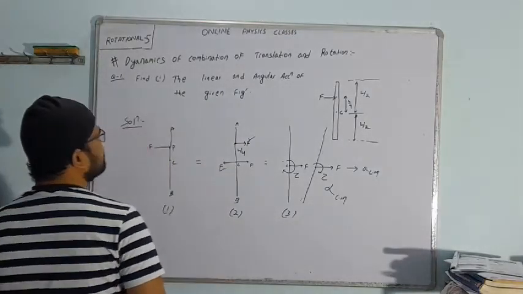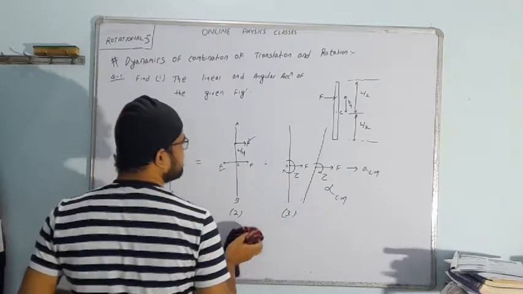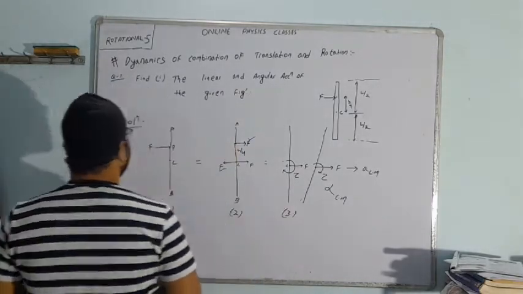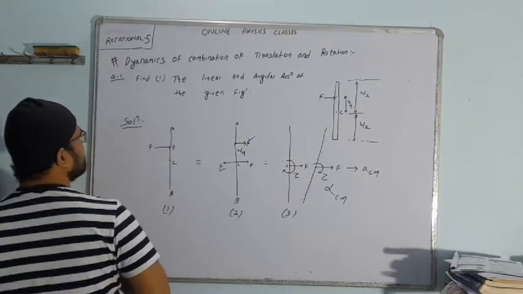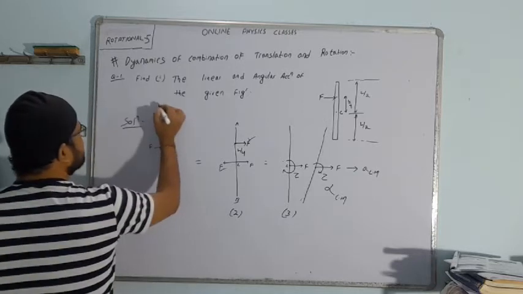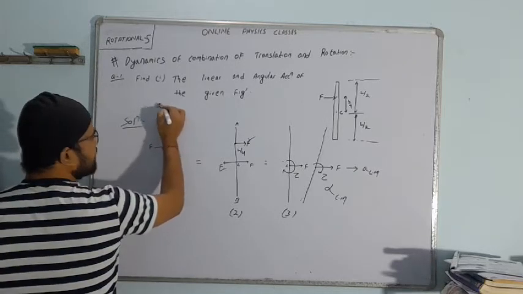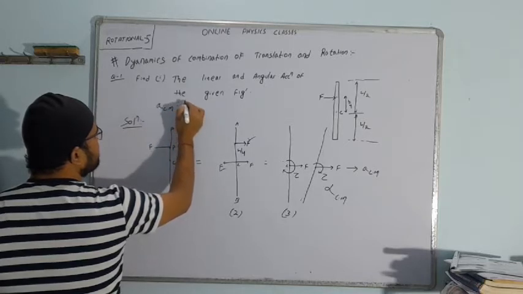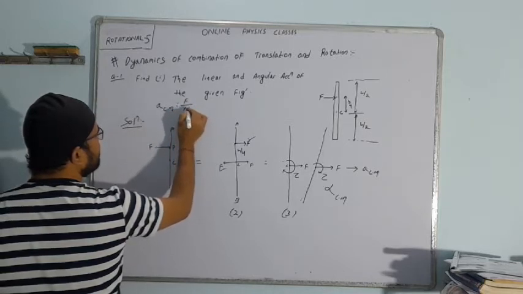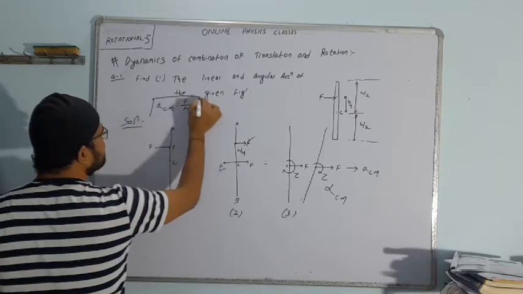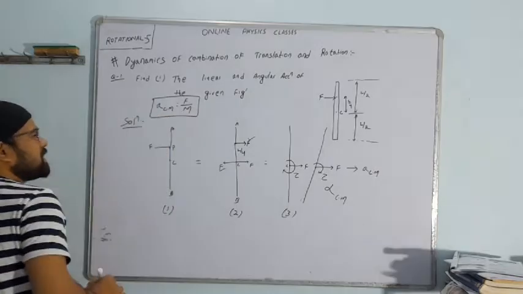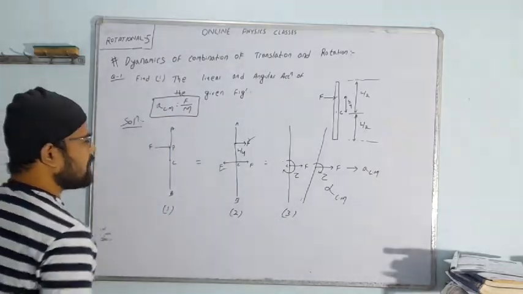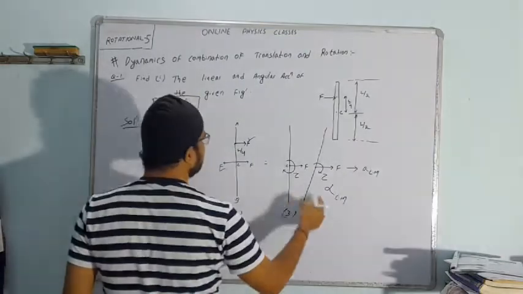How can we find linear acceleration? We know the linear acceleration, that is a of center of mass, is F by m. This is the linear acceleration, F by m. What is angular acceleration?